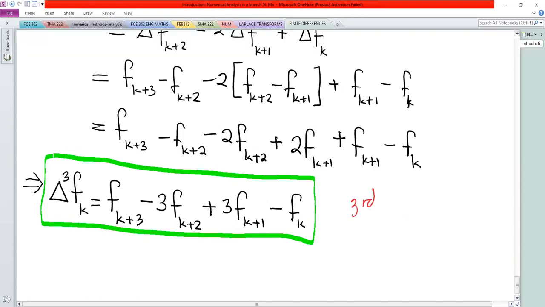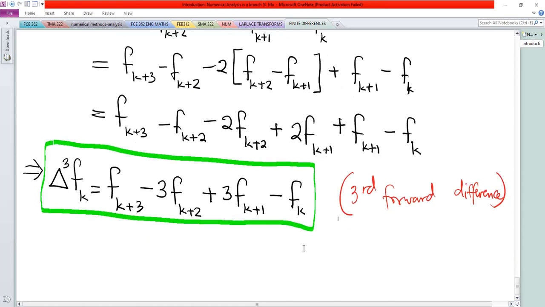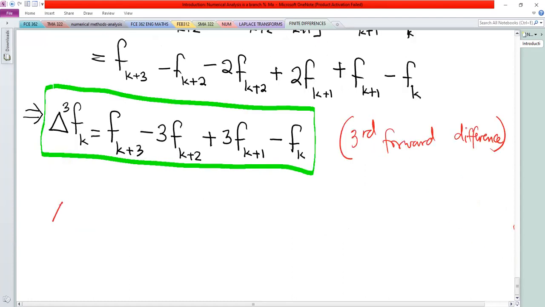Third forward difference. Now let's define the fourth difference, and then we shall make some generalization. The fourth forward of fk will be forward of the third forward of fk.